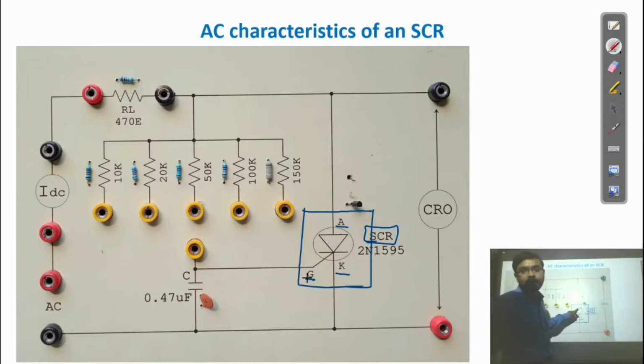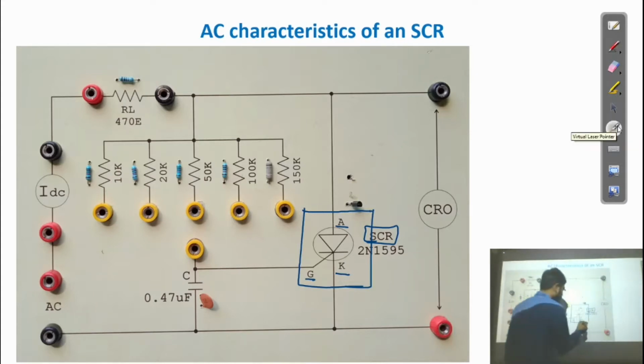So as it has anode, cathode and gate terminals, to make the SCR work, the anode of an SCR has to be connected to the positive terminal, and the cathode has to be connected to the negative terminal, right?